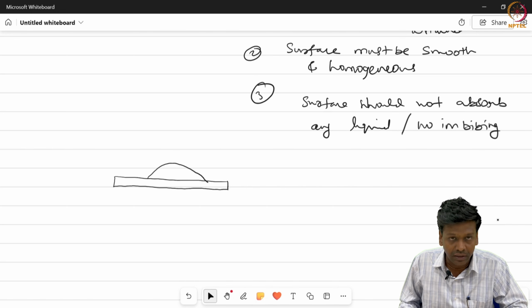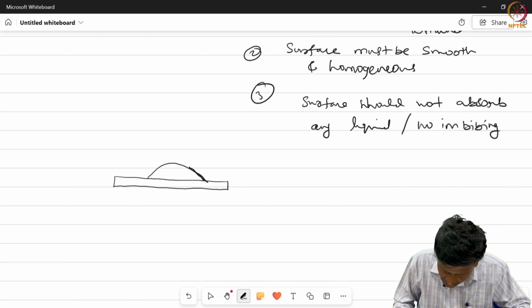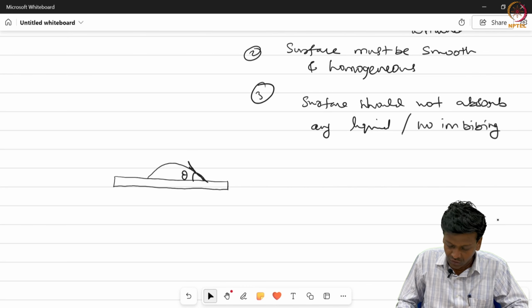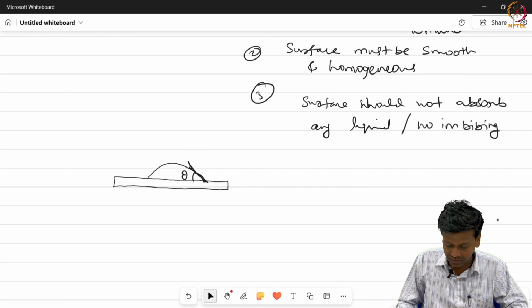The theta that we define, the angle established between the liquid and solid, is the three-phase contact angle, because at this junction all three phases exist: solid, liquid, and gas. That's why we call it a three-phase contact angle.